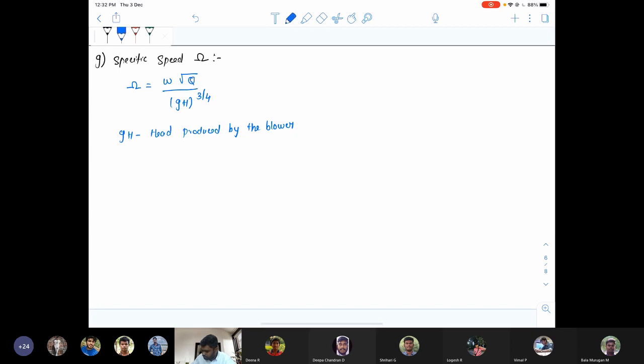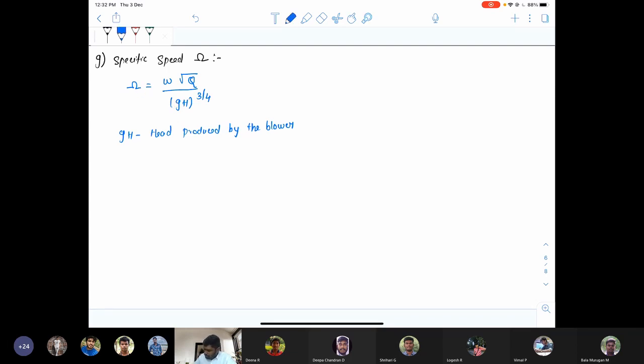Here in this equation, the value of Q is known, whereas omega and the head produced are unknown. First we have to find both the values in order to find the specific speed.